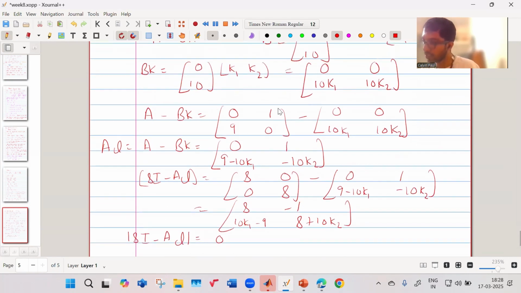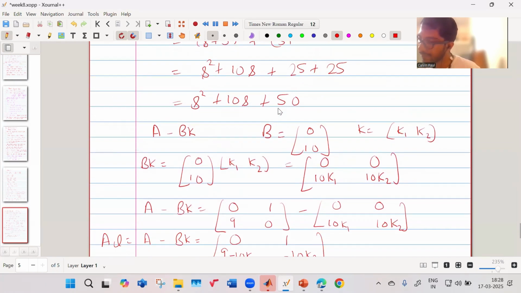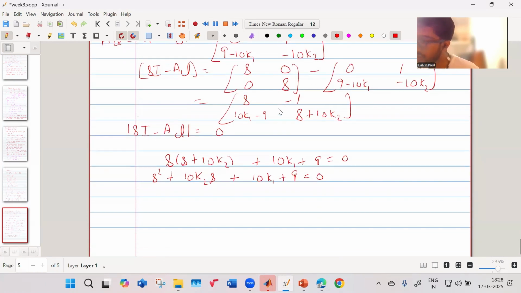So on equating, what do we get? This is our closed loop polynomial, and our desired polynomial is s square plus 10s plus 50. So 10 is equal to 10K2 and 50 is equal to 10K1 plus 9.